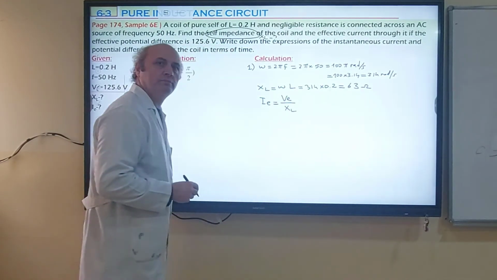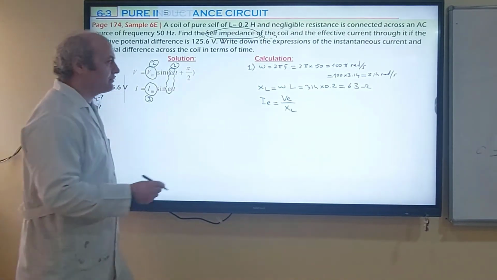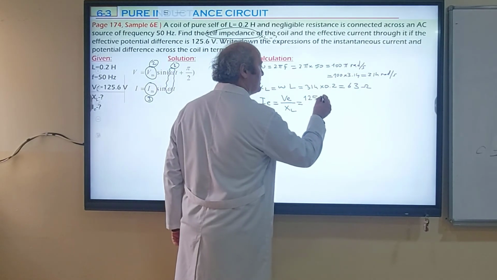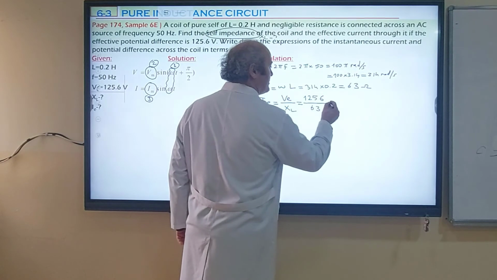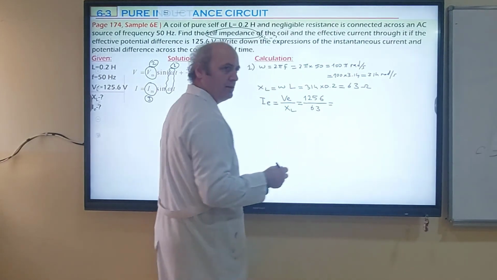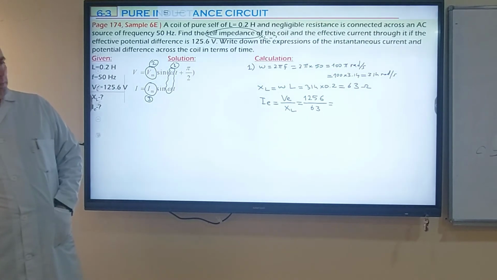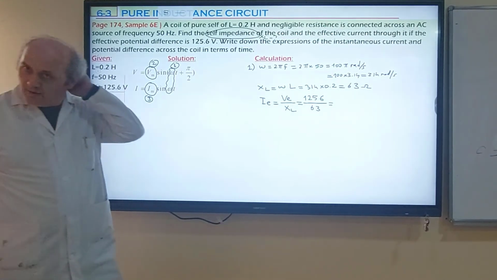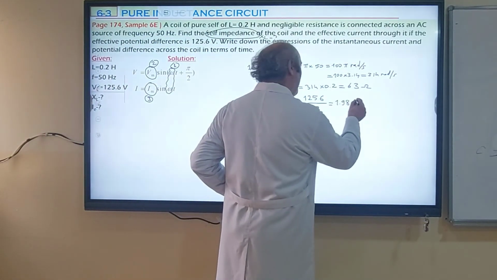VE is 125.6, and XL is 63. The result is almost 1.98 ampere, which is the effective current.